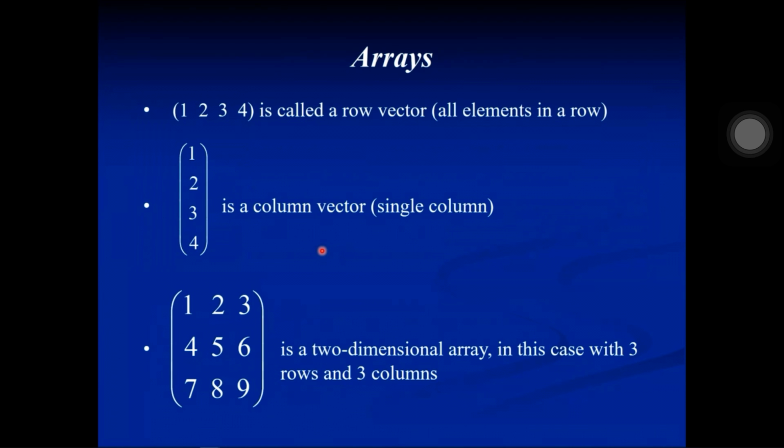So in this case, when the numbers are listed together in one row, that's called a row vector. So even though it's a bunch of numbers, we call it a vector if it's only a single row. If it's a single column, we also call that a vector, right? But it's a column vector. So even though they are arrays, we use the word vector when it's a single row or a single column. When you have multiple rows and multiple columns, right?